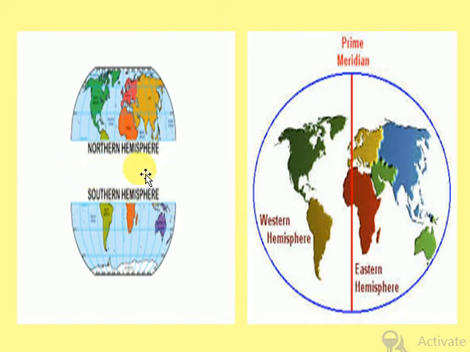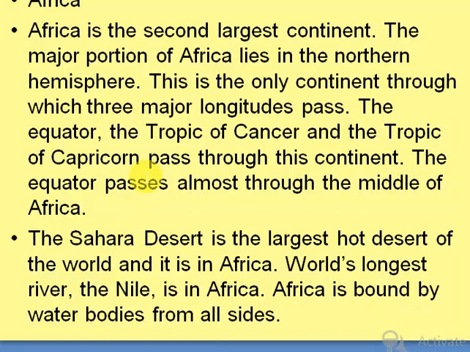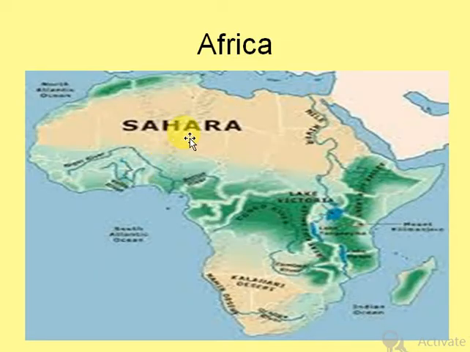So it is amazing to know that Africa is the only continent of the world from where all the three lines, the line of equator, Tropic of Cancer, and Capricorn pass through.